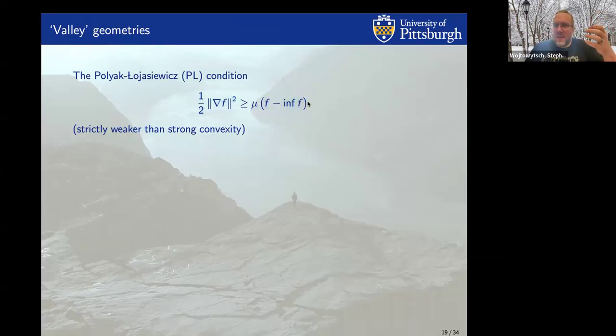So basically, if we are not at the minimizer, we are also not going to be flat. We have a valley. This is strictly weaker than strong convexity, and it's not comparable to convexity. So, but in some sense, this gives us a reasonably larger class that allows these curved sets of minimizers.